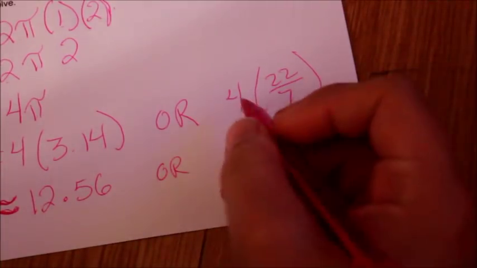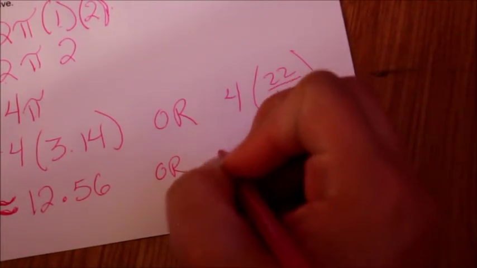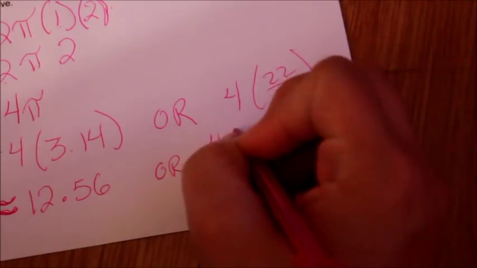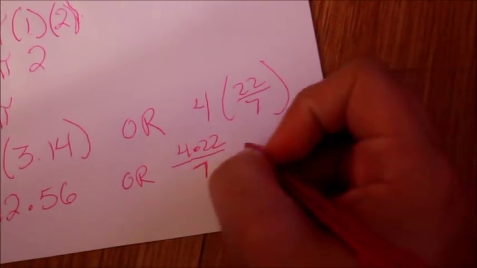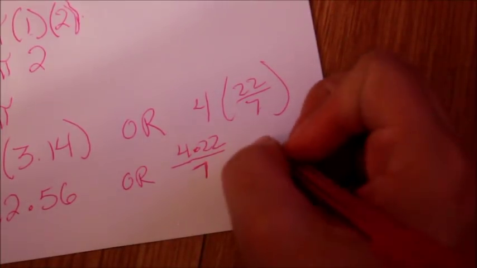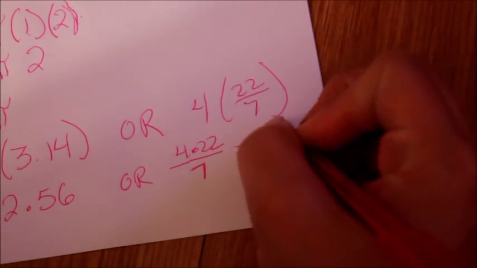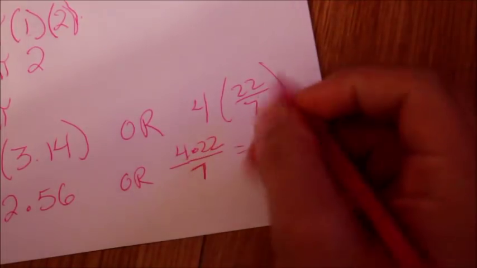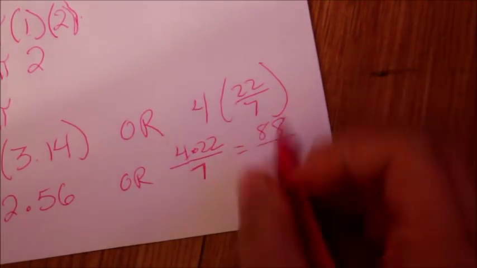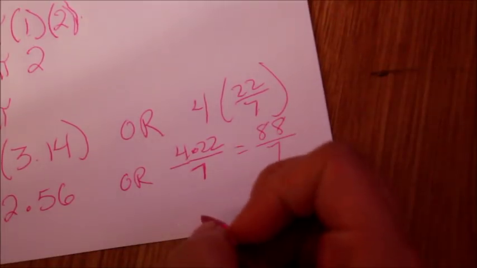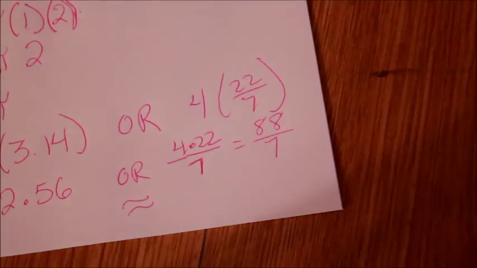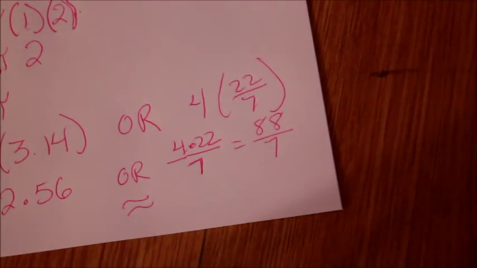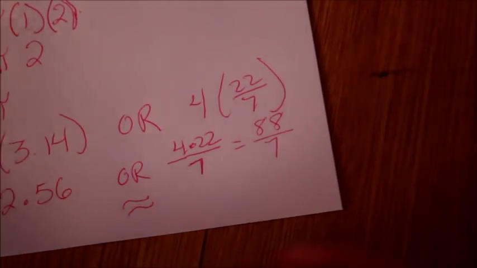Or if you just do it this way, you do 4 times 22 divided by 7. Four times 22 is 88. 88 divided by 7 would give me approximately 12.57.